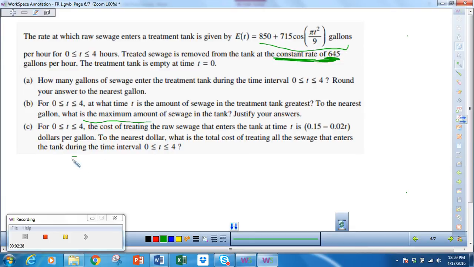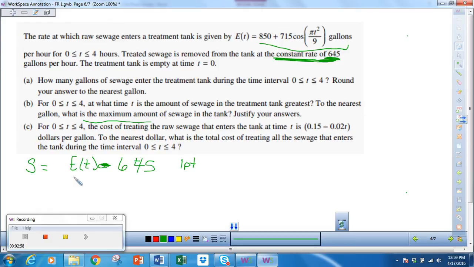So how much is in the tank at any time is given by E of t minus 645. So you got 1 point for writing this expression. A lot of you lost that point because you put a t on 645. But 645 is a rate, so no t goes with it. So it's simply E of t minus 645, and that was worth 1 point.